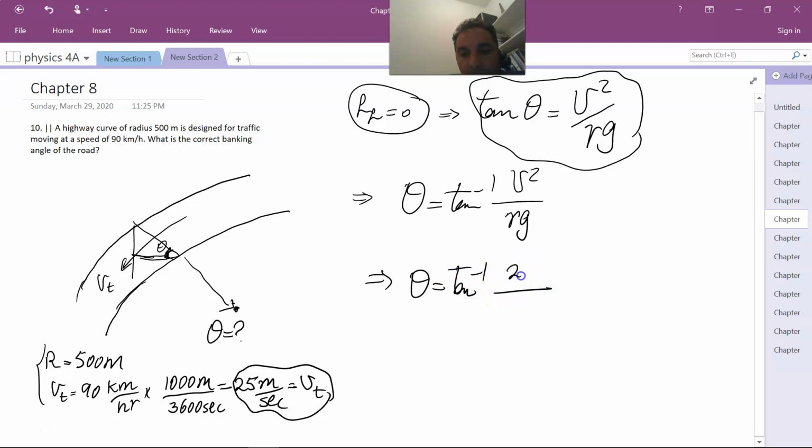Theta becomes tangent inverse. What is v? 25 to the power of 2. R is 500.